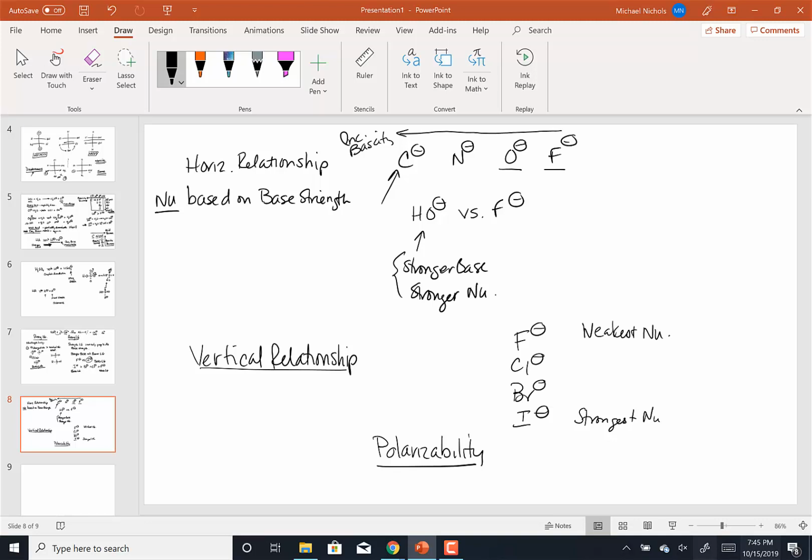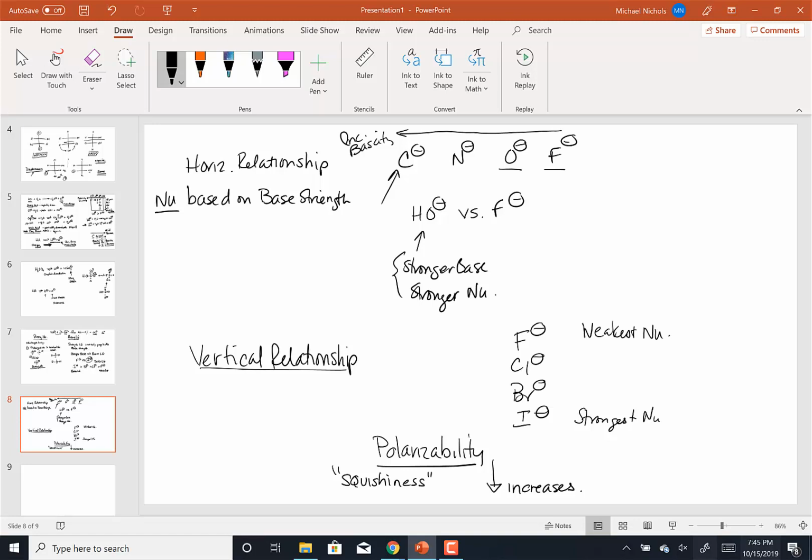It turns out that as you go down the periodic table, polarizability increases. Now, what is polarizability? I have always defined polarizability as squishiness. That is how I've always defined polarizability.